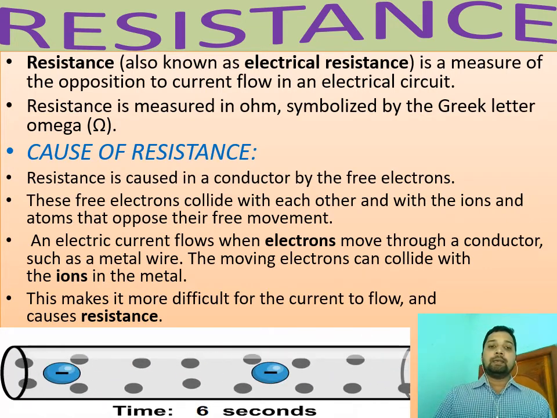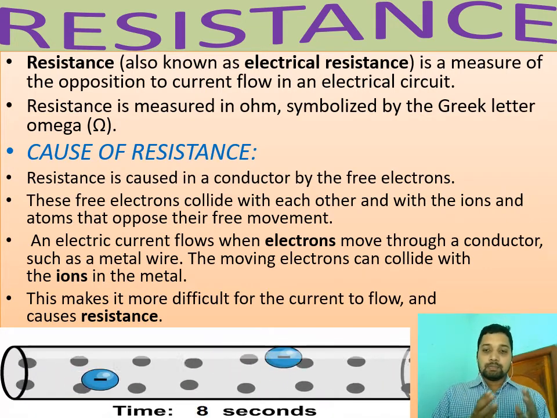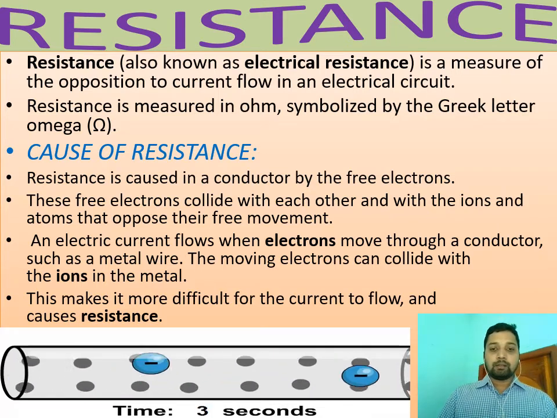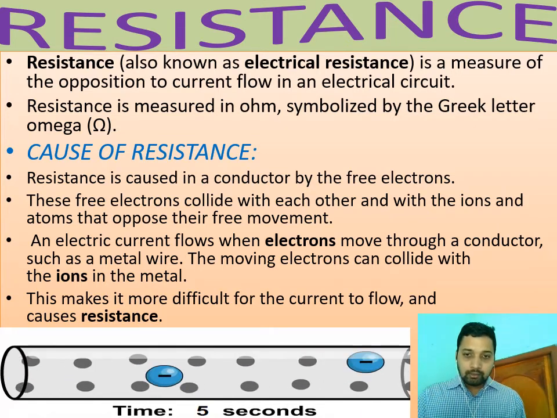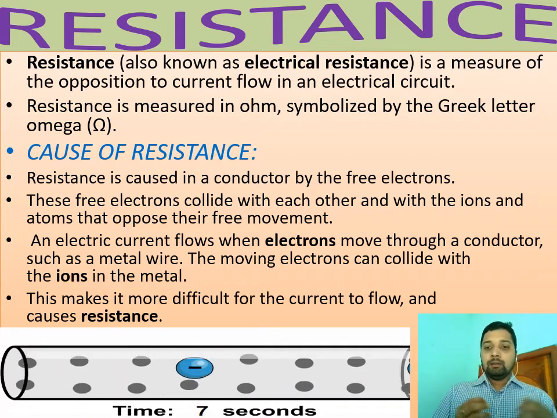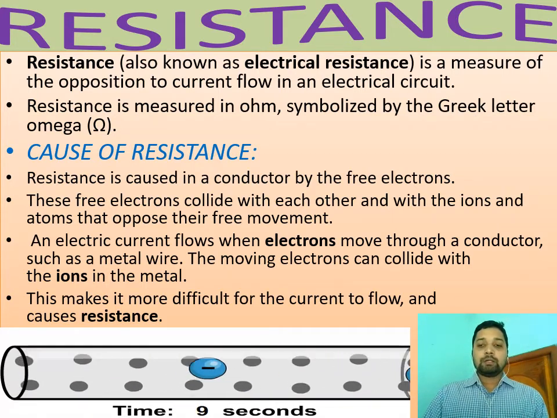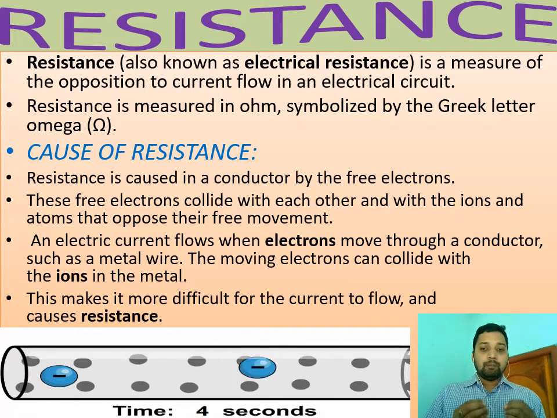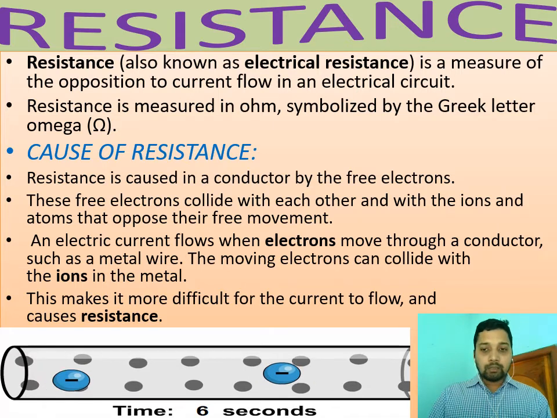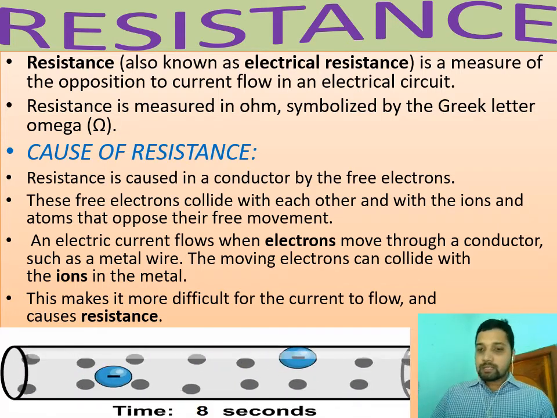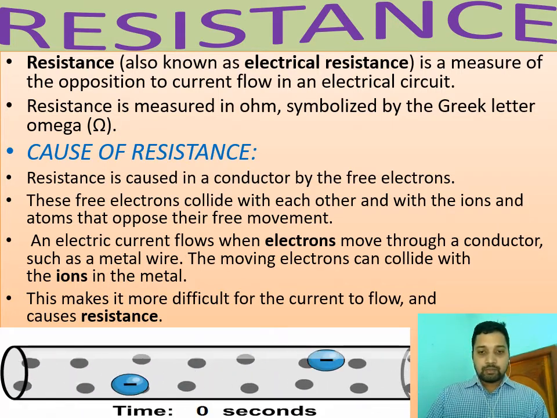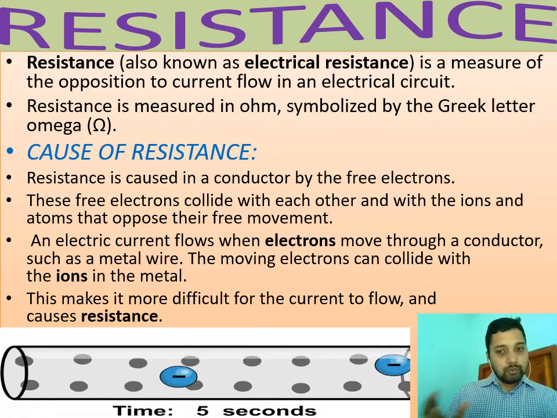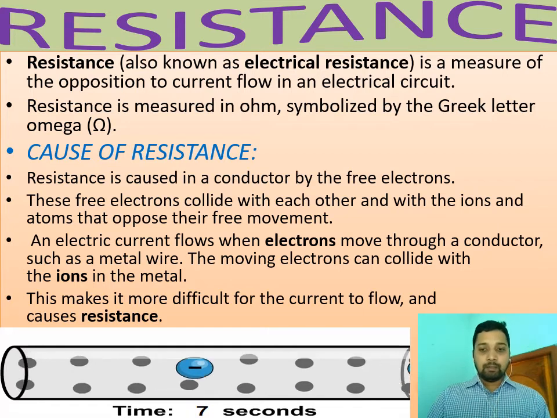So resistance is maximum in an insulator, but very less in a conductor. A moving electron can collide with the ions of the metal, or with the nucleus, and because of this its speed decreases. The average velocity of the electron from the source to the destination is called drift velocity. So the average velocity of each electron in a circuit always remains constant. That is what you can call drift velocity.